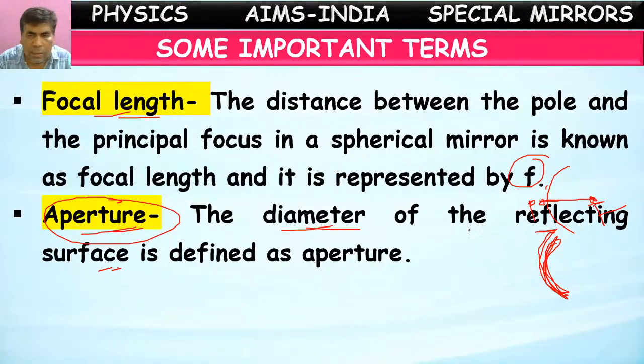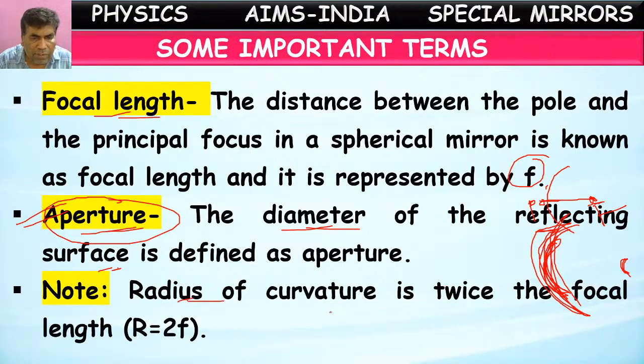Some mirrors will have a small aperture, their diameter is very small, so they are small mirrors. Some will have a larger aperture, their diameter is larger, so they are big mirrors. Based on aperture, we can tell whether the mirror is small or large.